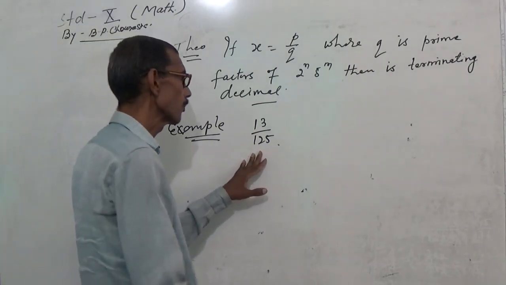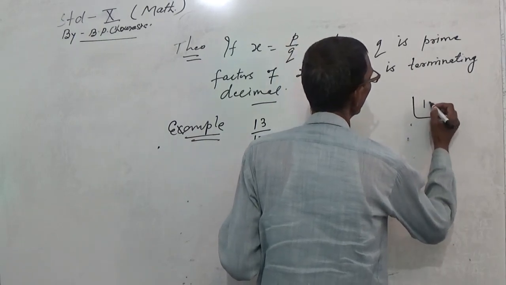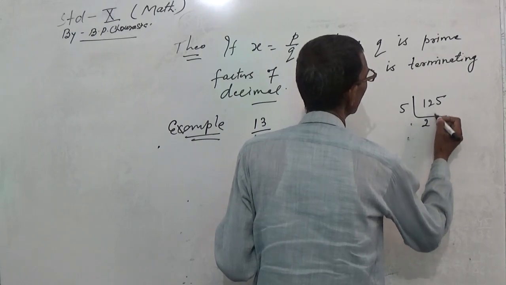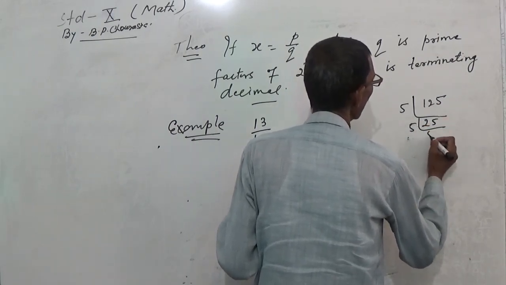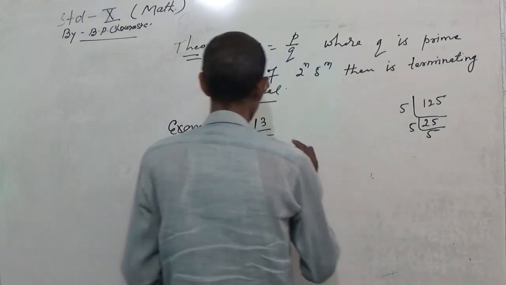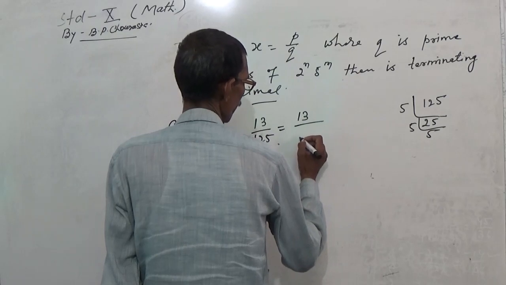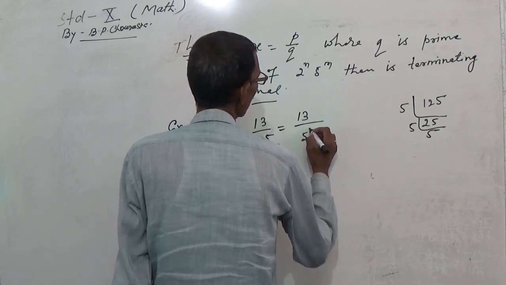Now, first of all, get the prime factors of 125, which is 5 to the power 3. You can write this as 13 by 5 to the power 3.